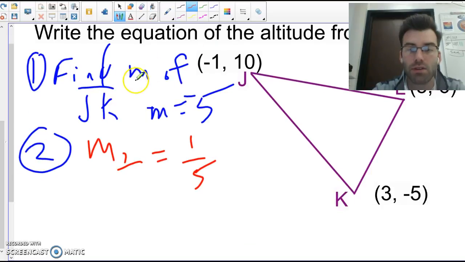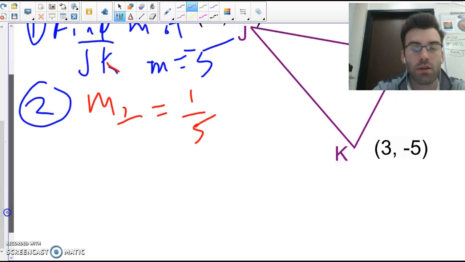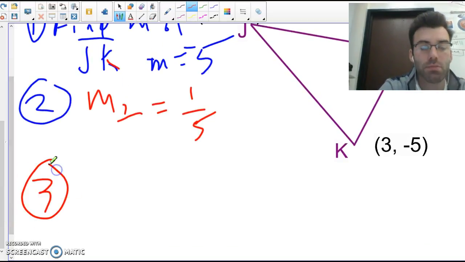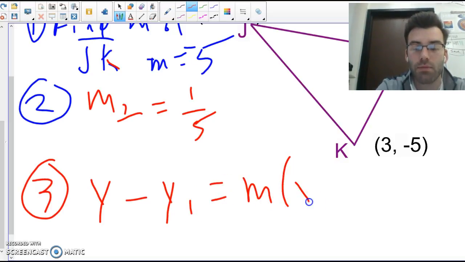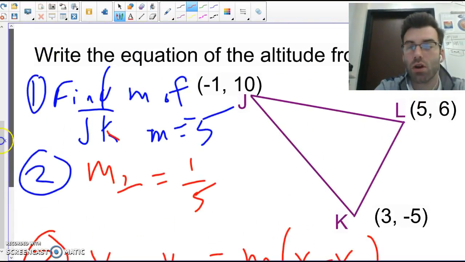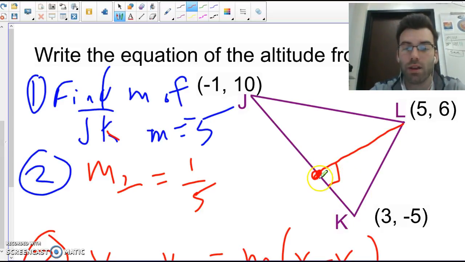So that's find m of JK. Our third step is just to put it in point slope form. y minus y1 equals m times x minus x1. And remember, this is drawn from L to JK. I have no idea what this actual point is. I can't assume that it's the midpoint.